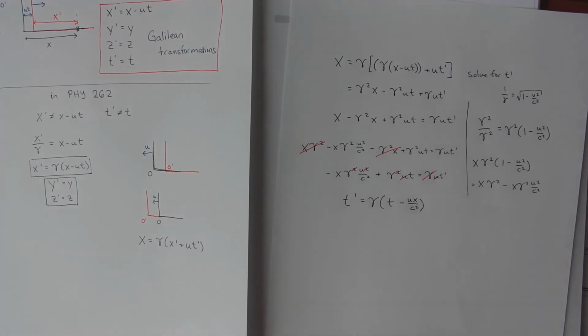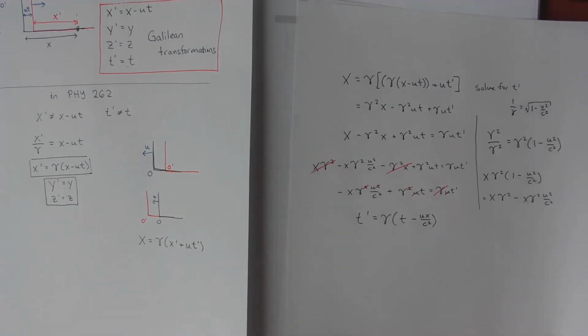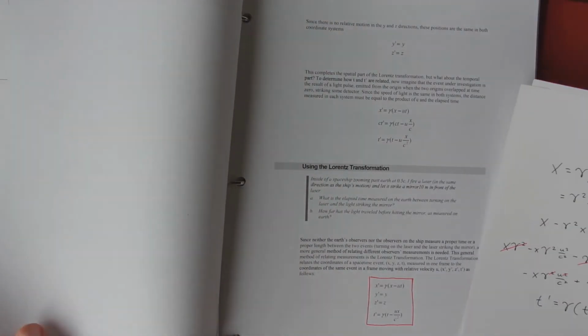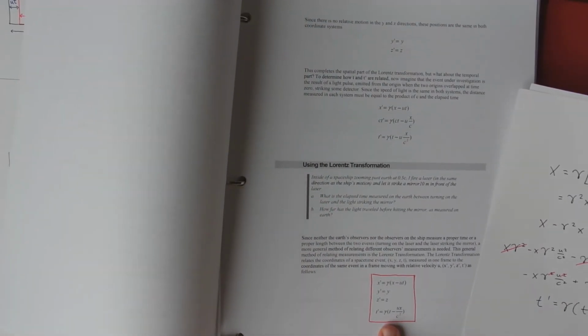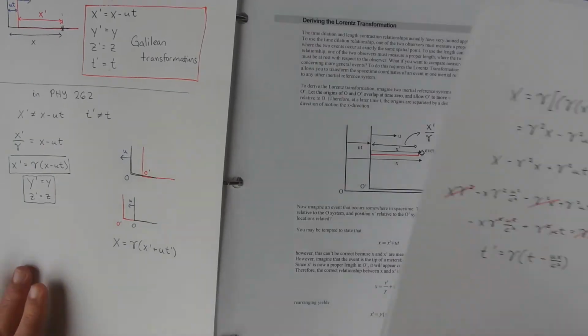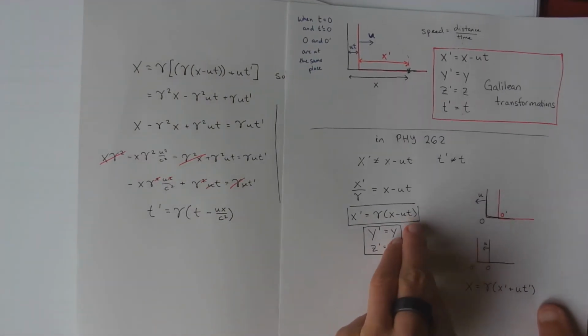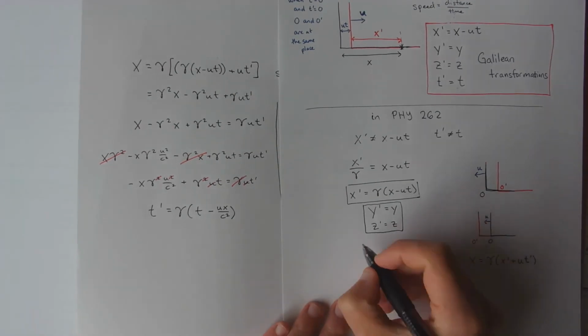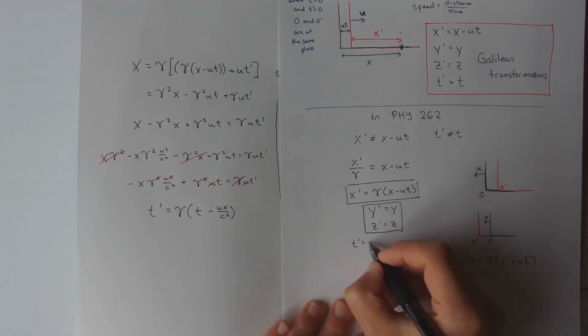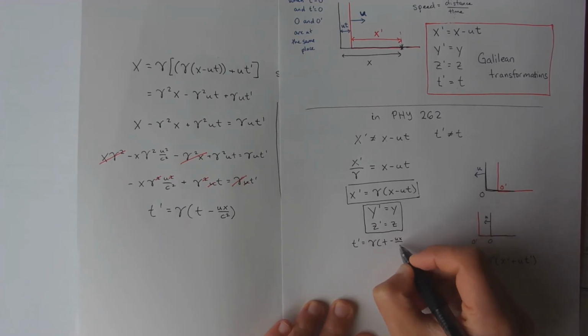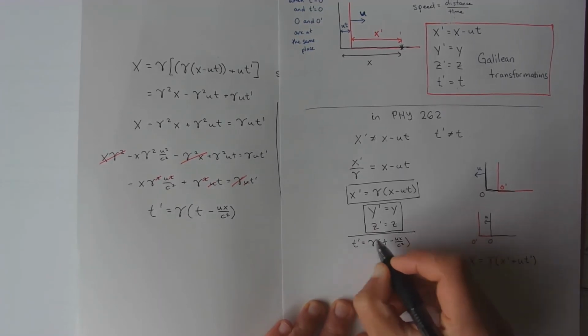And this is going to be the last equation that we need to complete the transformations. And that is exactly what they have down here. So this one is for going from the unprimed coordinates to the primed coordinates. So t prime is equal to gamma times (t minus ux divided by c squared).